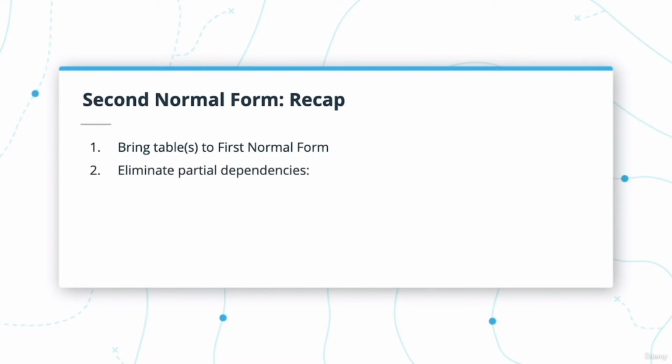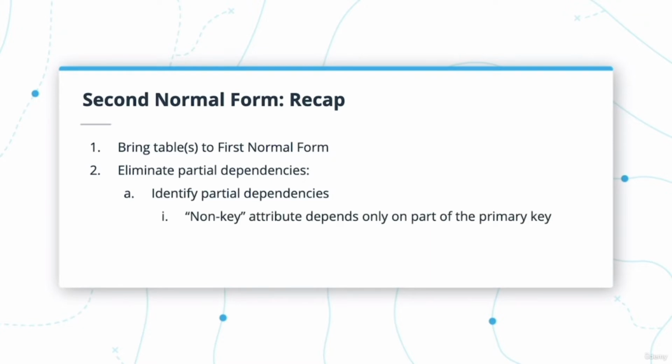The recipe that we followed to do that was to first identify those partial dependencies by going column after column and determining its relationship to the primary key. And finally, we've created new tables where needed so that we can move the data that was partially dependent on the primary key to its own table. And that's it. Once we've done all of that, we have achieved second normal form.